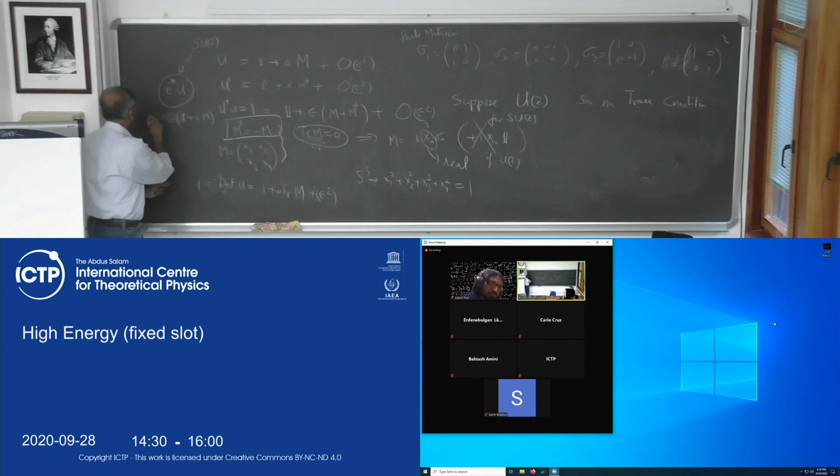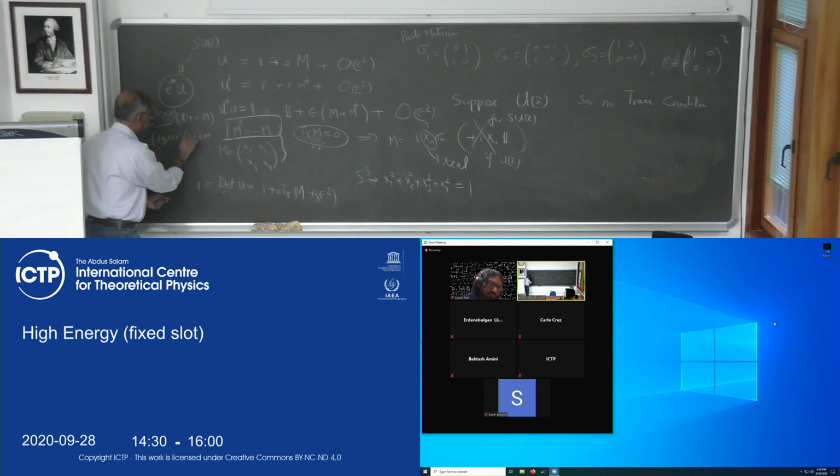So you should write it as e to the power of i times (0 plus epsilon theta). Because e to the 0 should be 1, and that's identity. So when you expand it, you will get 1 plus i epsilon theta, and you're multiplying this by 1 plus epsilon n, I mean identity.